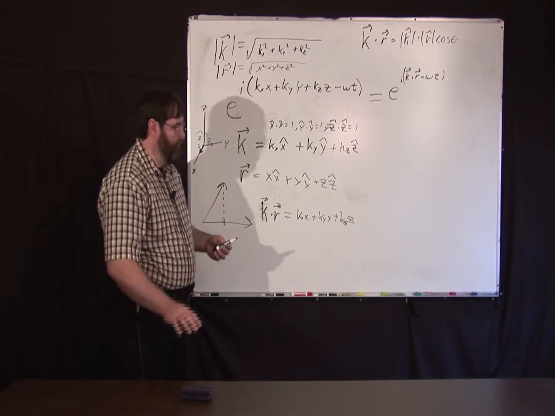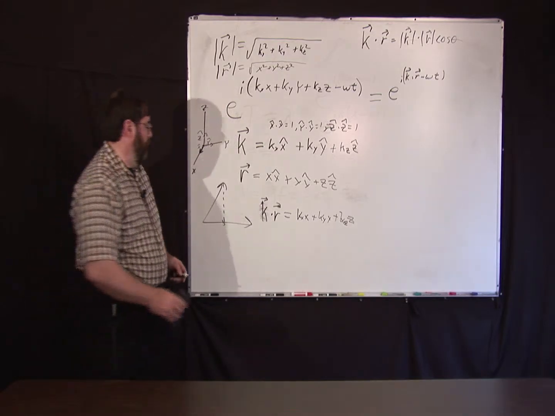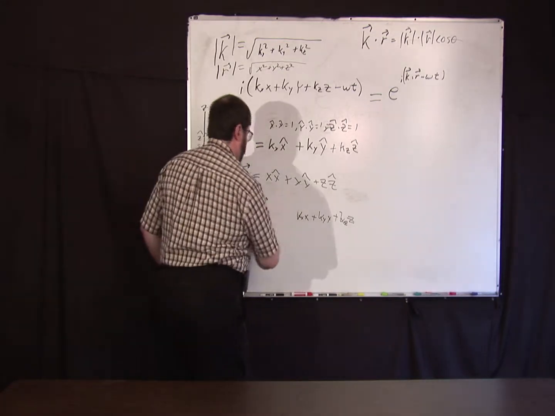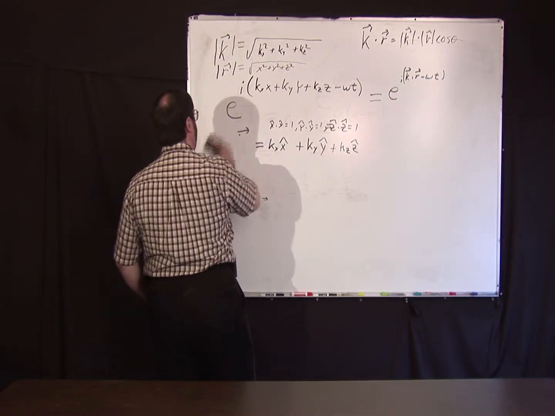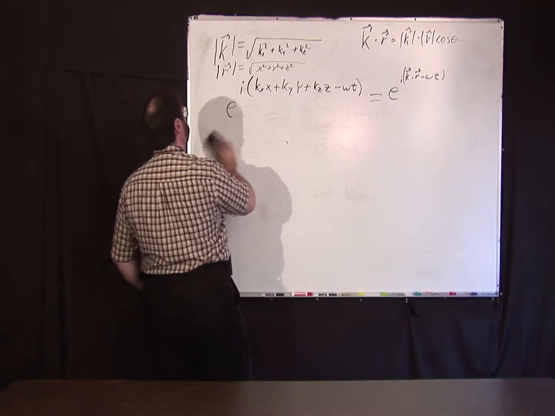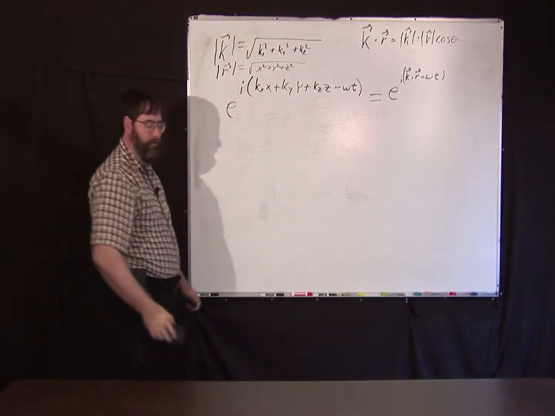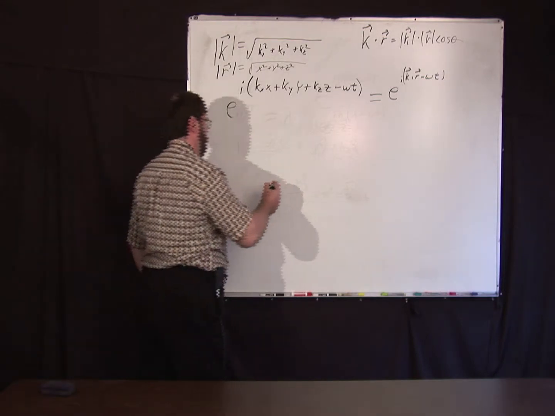Okay, now I want to point out that that is just a plane wave. We had talked a few episodes back about an isotropic radiator. Well, it propagates something called a spherical wave. Now let's review that a little bit.